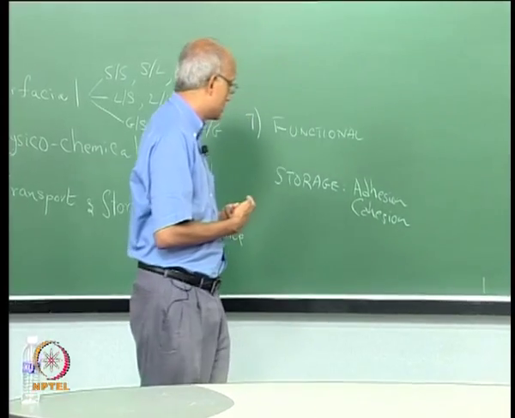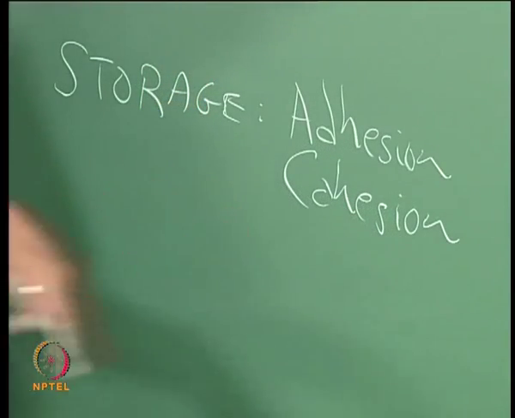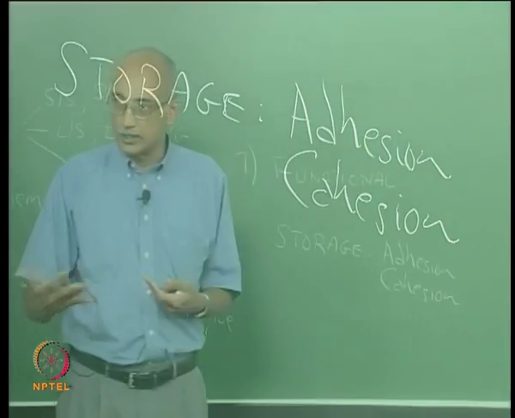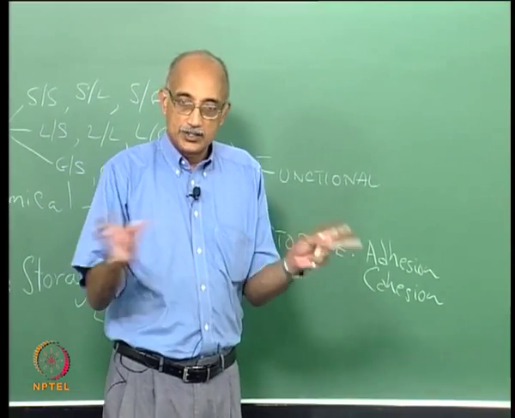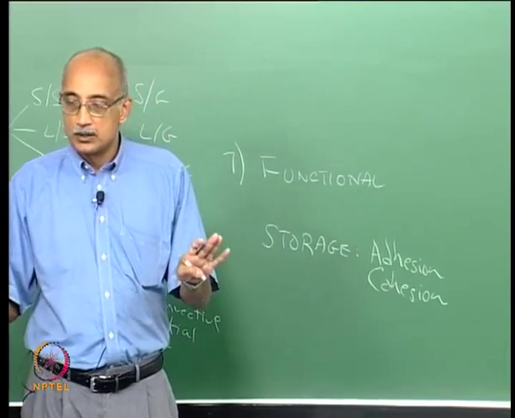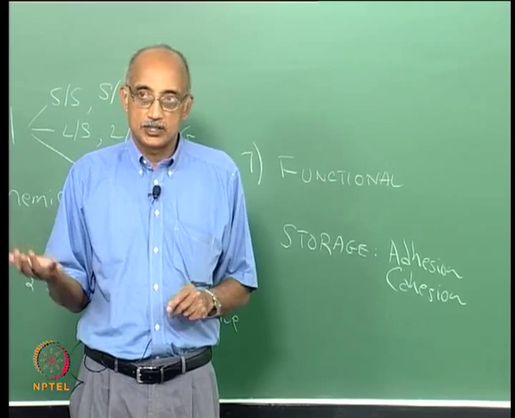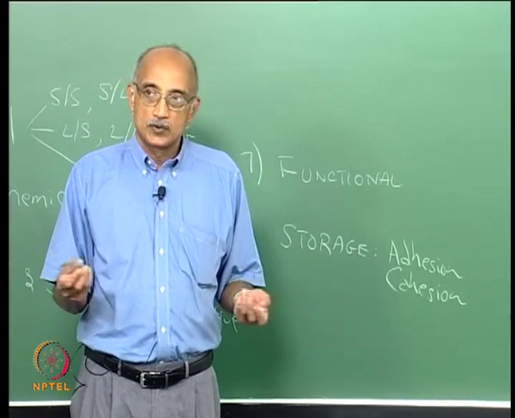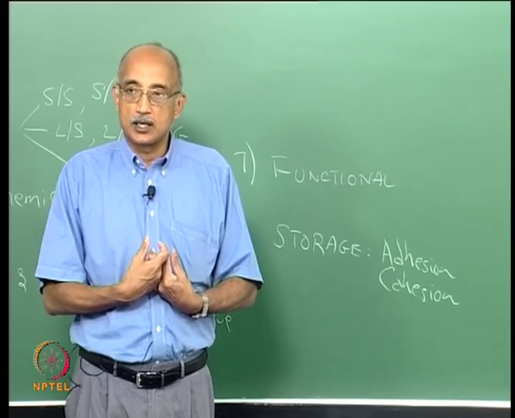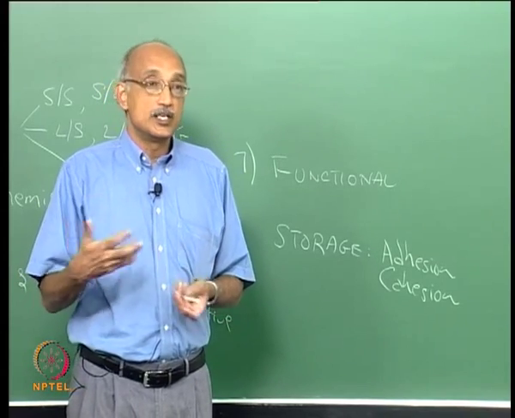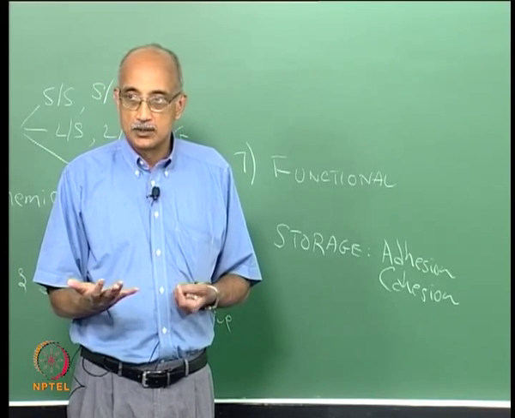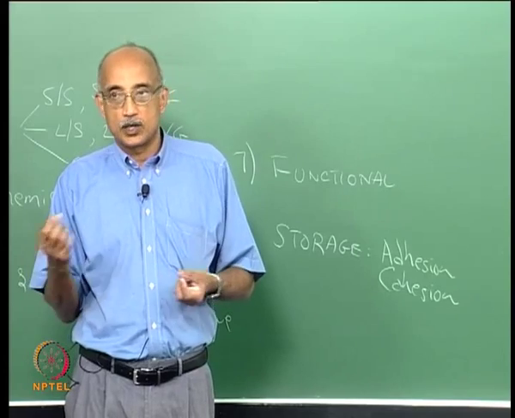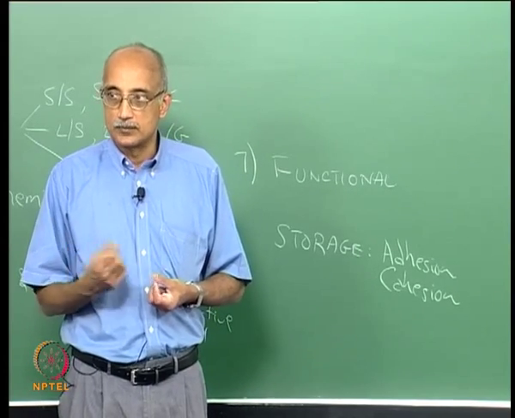So, cohesion is something that affects, for example, the flowability of a powder or a slurry. If the particles remain completely separate, then the fluid will essentially flow like a Newtonian fluid. On the other hand, as the particles start agglomerating, as the cohesive nature increases, the flow is likely to follow a more non-Newtonian pattern, right.